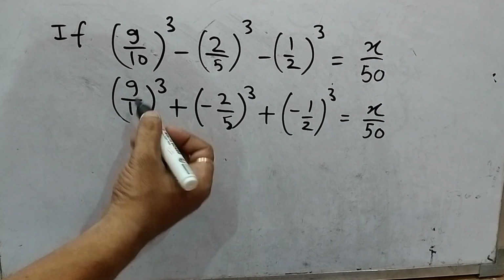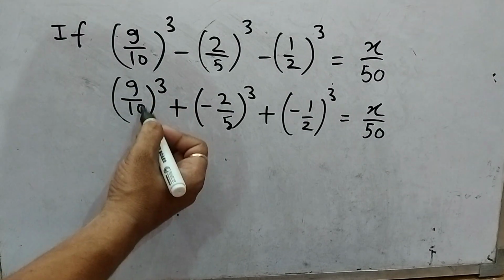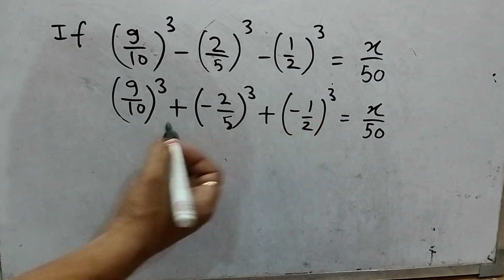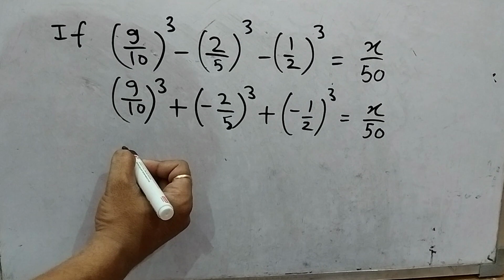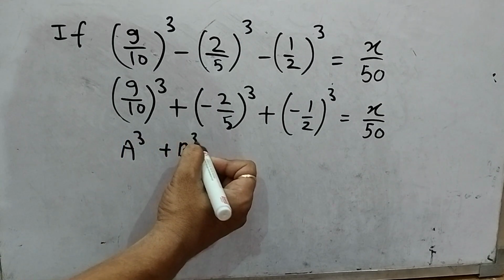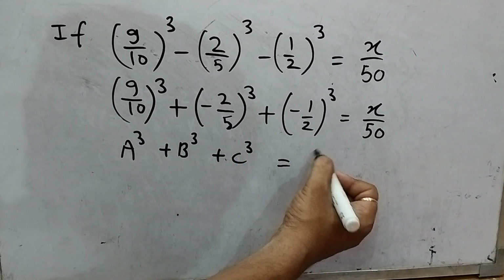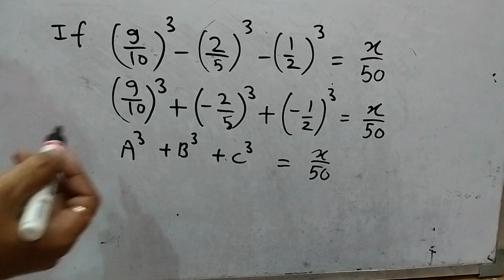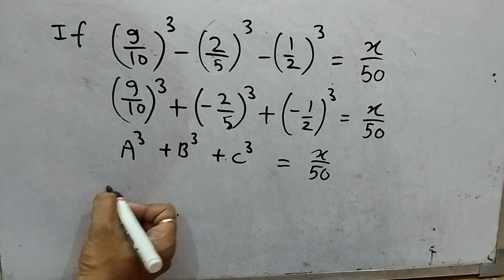Let's check what is a, the base of the cube. Assume a as 9 by 10, b as minus 2 by 5, c as minus 1 by 2, so a cube plus b cube plus c cube equal to x by 50.